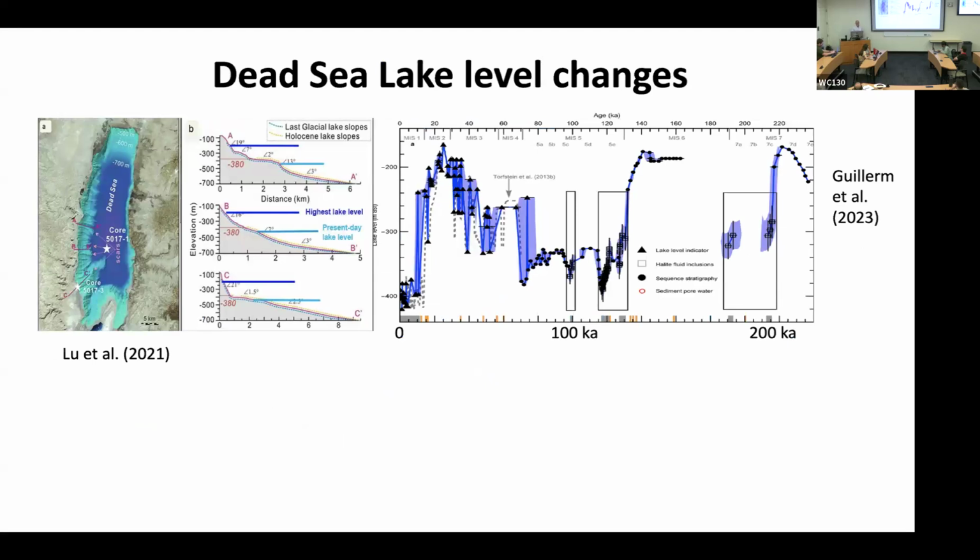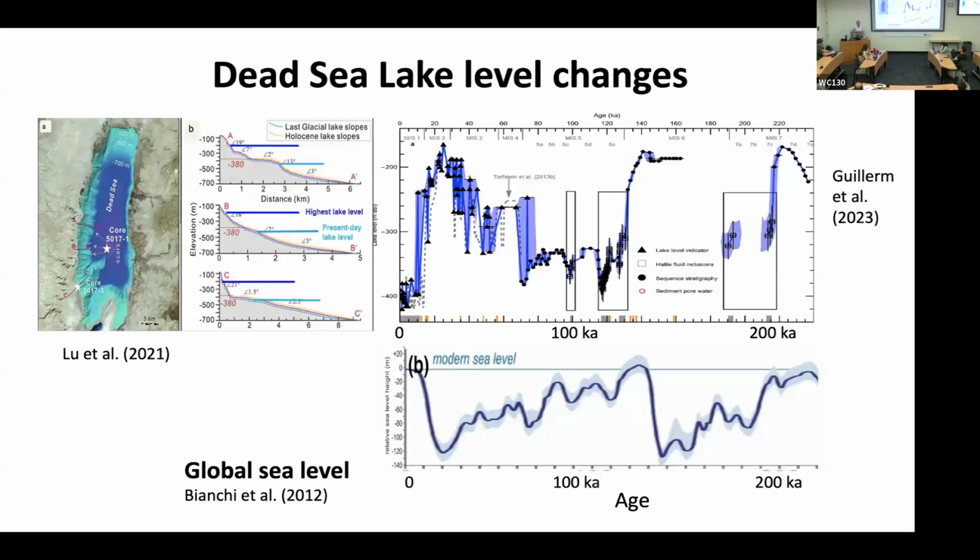What can contribute to that? I suspected it was related to sea level, because global sea level has these periodicities, but what's actually more realistic is the lake level of the Dead Sea.